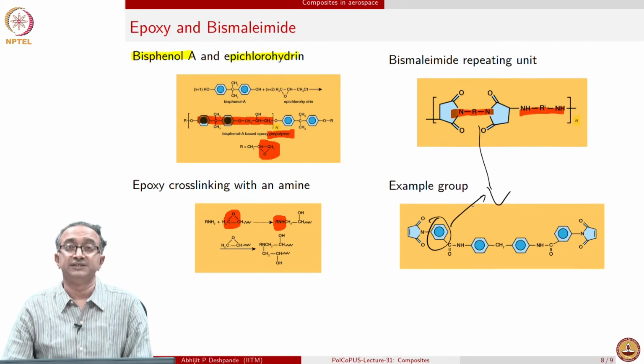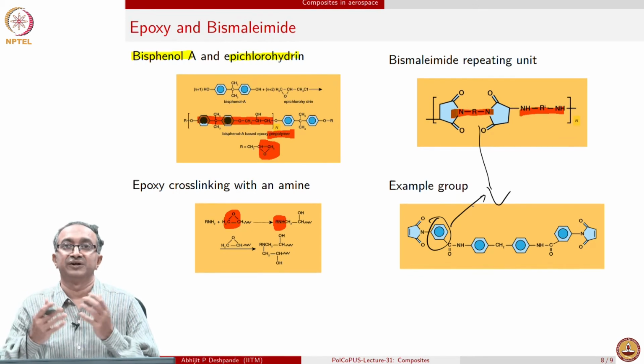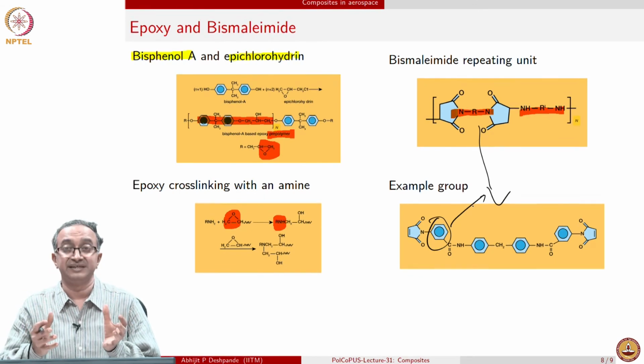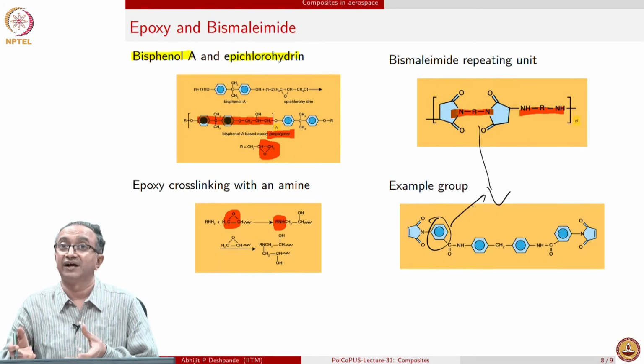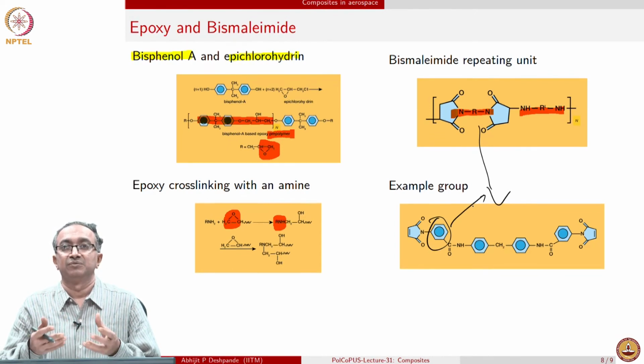Epoxies can have glass transition ranging from 50-60 degrees Celsius all the way to 200 degrees Celsius, and this wide-ranging glass transition is possible based on the backbone. Bismaleimides have a very high glass transition temperature also because of all these bulky groups along the macromolecules, which make molecular flexibility or segmental motion quite difficult at low thermal energies.